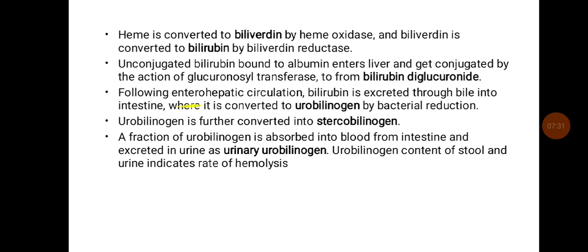Following enterohepatic circulation, bilirubin is excreted through bile into the intestine where it is converted into urobilinogen by bacterial reduction. Urobilinogen is further converted into stercobilinogen. A fraction of urobilinogen is absorbed into the blood from the intestine and excreted in urine as urinary urobilinogen. Urobilinogen content of the stool and urine indicates the rate of hemolysis.